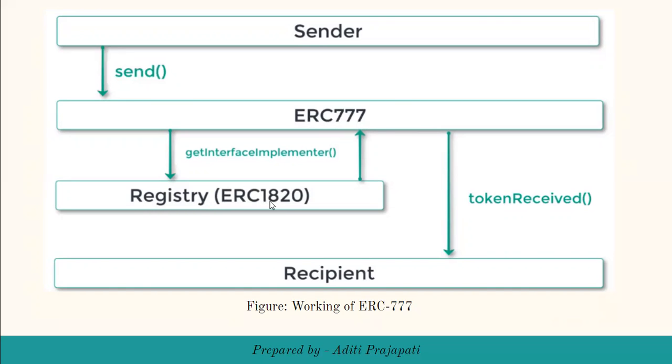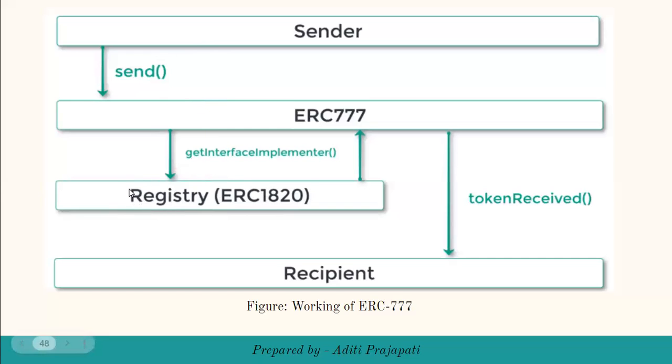that is the ERC1820 standard. What these two standards will do: first, the send function is accepted at ERC777 and it will implement get interface implementer. It will check whether the sender's address is present in the registry or not, whether the token is registered or not, and the token has to get registered if they want to further use their tokens for transactions.